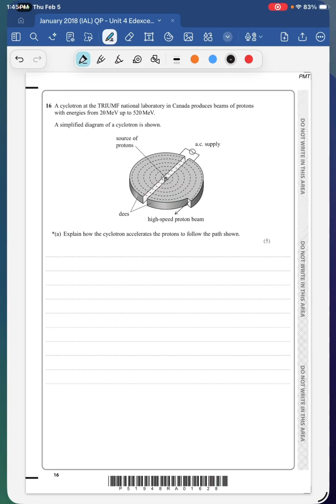So, how does the cyclotron accelerate protons to follow the path shown? There is a magnetic field pointing up.